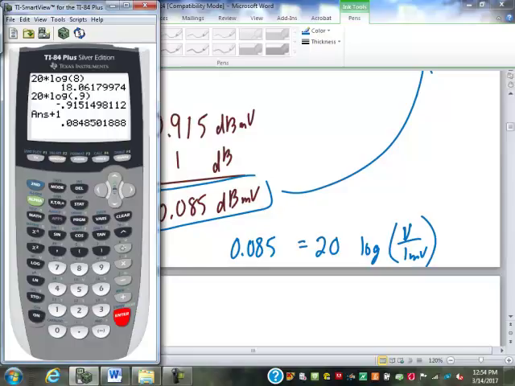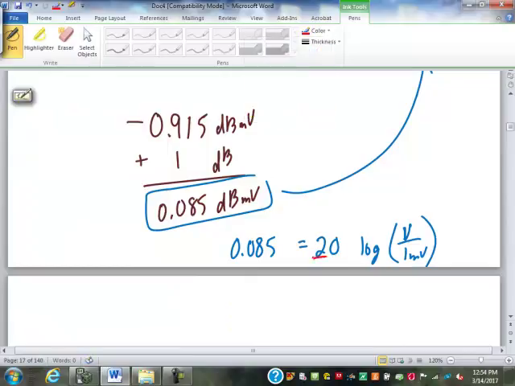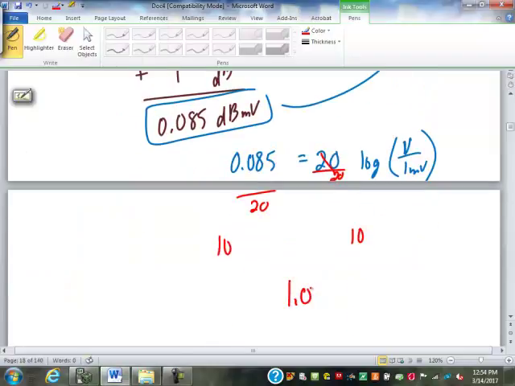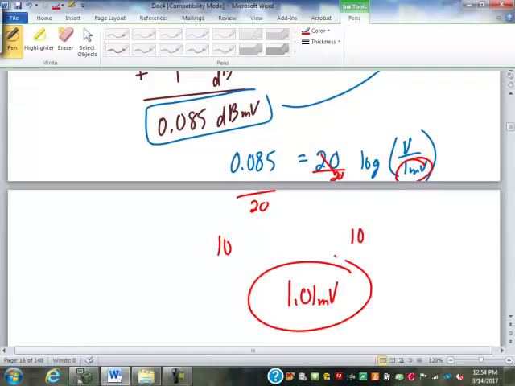We're going to divide by the 20 to solve this, and then we're going to do 10 to the power of that. The answer is 1.0098, or 1.01. That's in millivolts. So our signal level at the television is actually slightly higher than the signal level at the antenna because of the amplifiers. Does that make sense now?